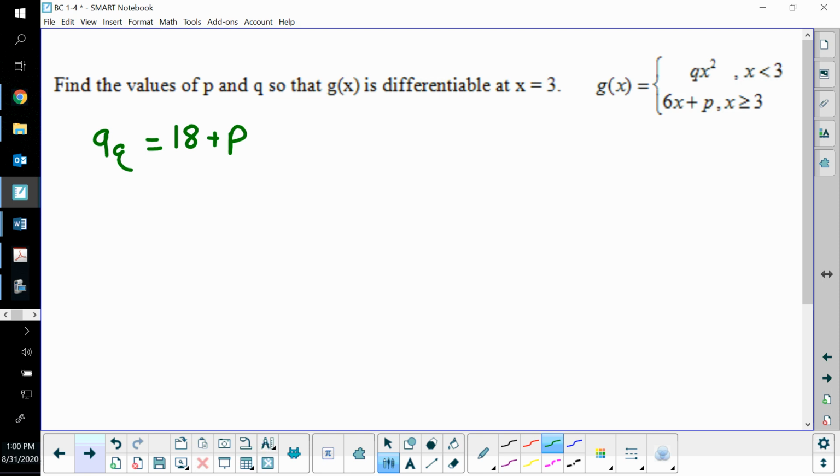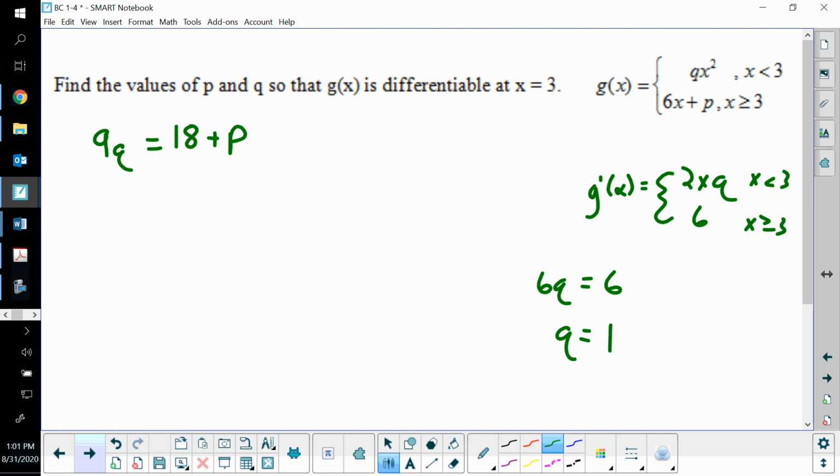Well, if it's going to be differentiable, that means we need the derivative to be continuous. So this would be 2xq when x is less than 3, and we would just have 6 when x is greater than or equal to 3. So by subbing in 3 for x, we'll then set those equal. Dividing by 6, we get q equals 1. So that's half of our answer.